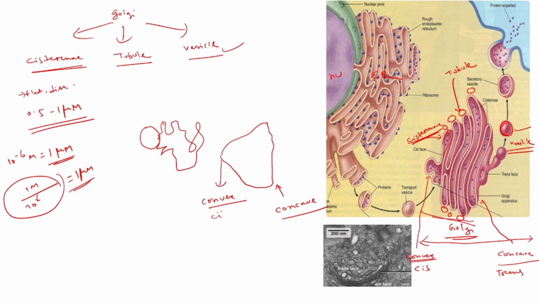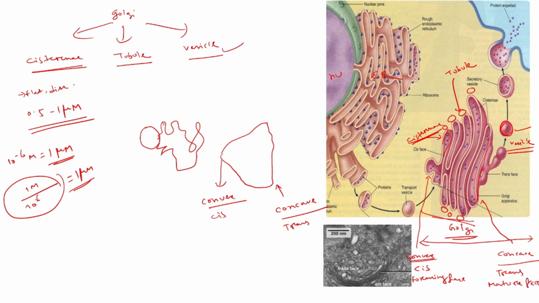Here it is the cis, here it is the trans. This part is called the cis part, and here all the large structures are called the trans part, or it is called the forming phase, and it is called the mature phase.